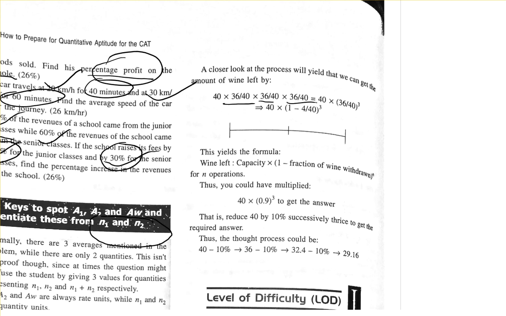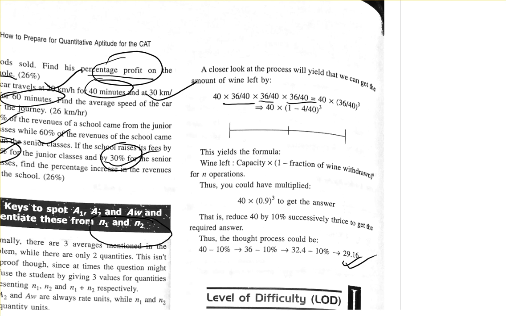So whenever you withdraw 4 liters, 36 liters remain. That's the formula: 40 into 36 by 40 into 36 by 40 into 36 by 40. You get 29.16. How to understand this?